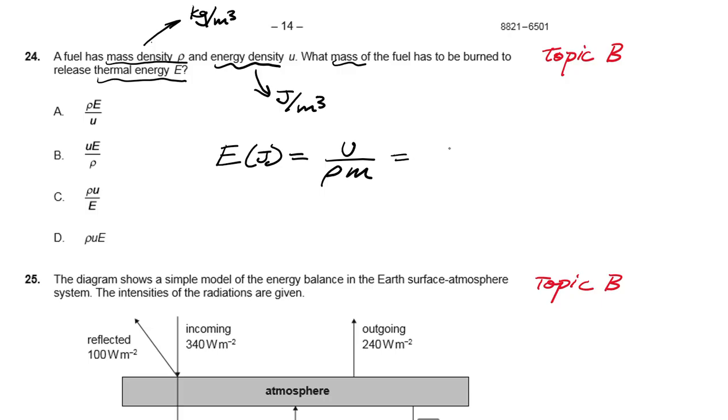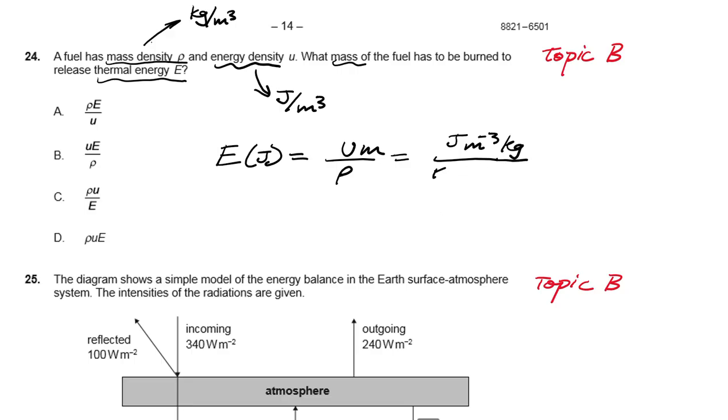And let's just look at how the units cancel out. We have joules per meter cubed, and we have density in kg per meter cubed, and our mass is in kg. Sorry, our mass should be up here, so we have kg up here.